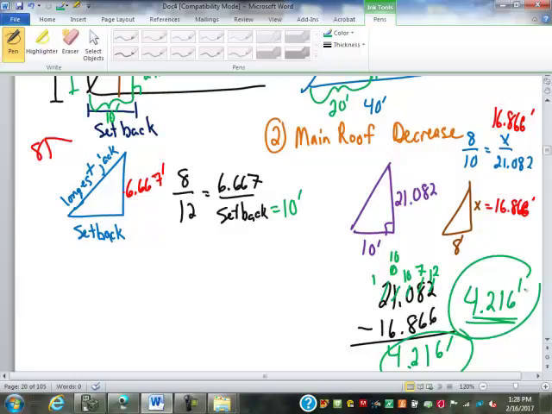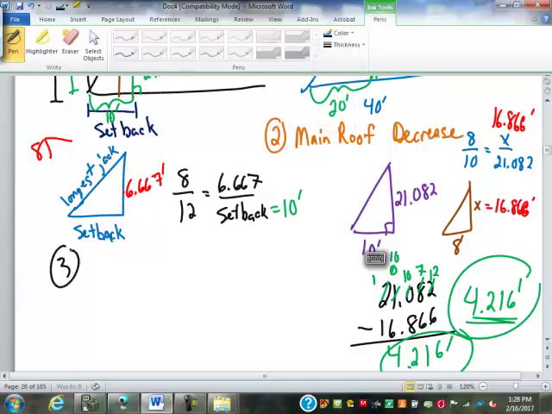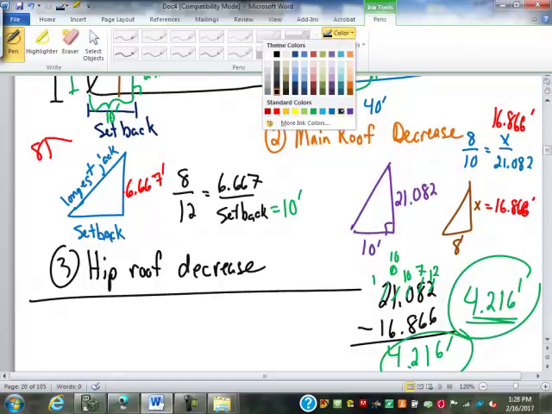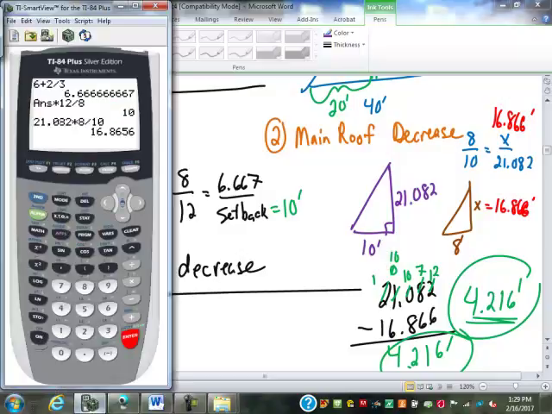Now we've got to go to the hip roof side and find the hip roof decrease. And we're going to start with this little picture right here. We found that this is 10 feet here, right? This is 6.67, so we can find the length of that longest jack by doing square root of 6.667 squared plus 10 squared.